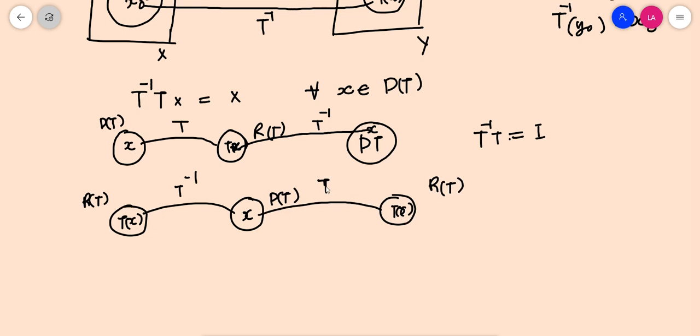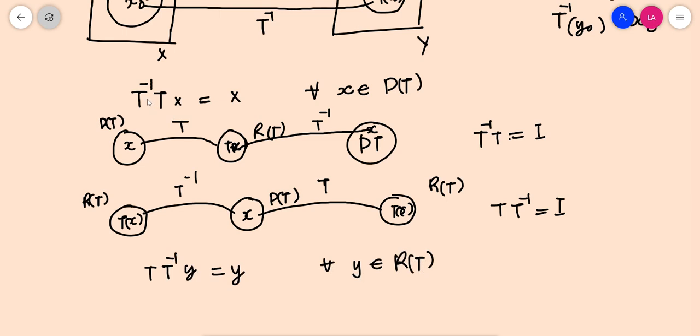If we take the composition T composed with T inverse, we get a function from R(T) to R(T), which maps T of x onto T of x. So every element maps onto itself. So T composed with T inverse is also the identity, or in general, T of T inverse y is actually y for all y an element of R(T).